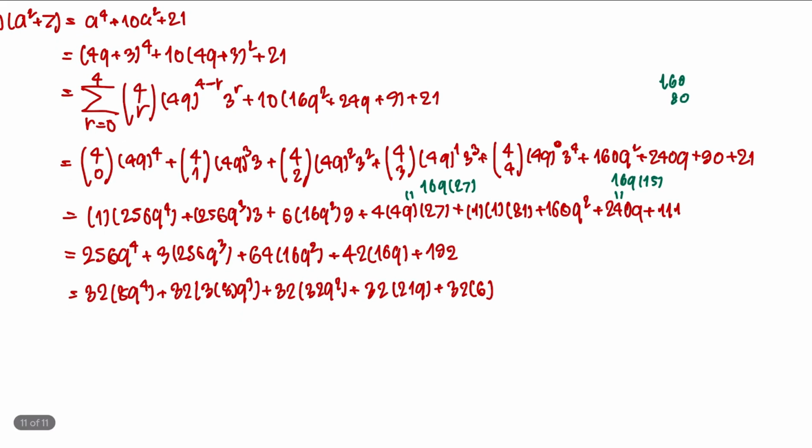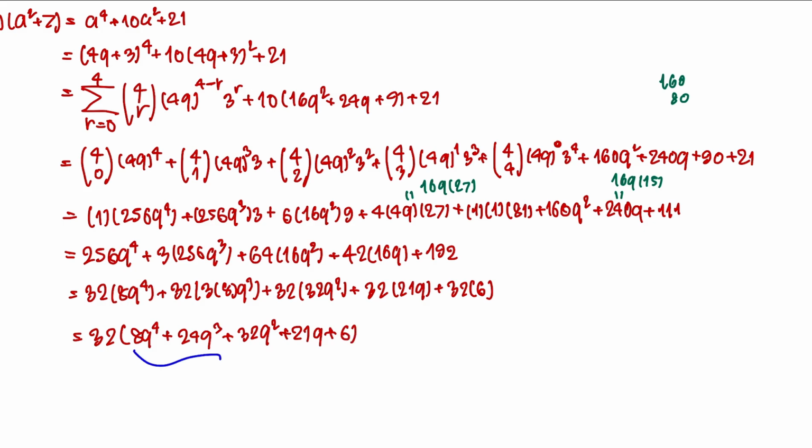Now we can factorize 32: 32 times (8q⁴ + 24q³ + 32q² + 21q + 6).